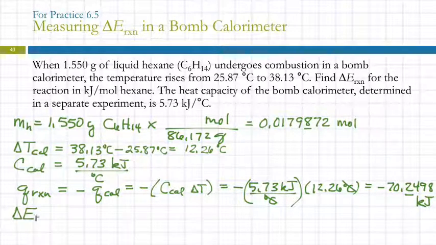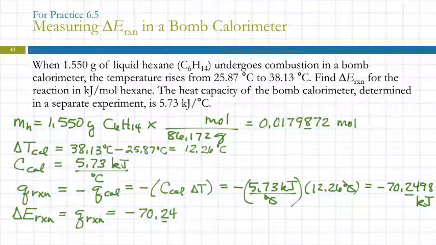Delta E for this reaction is equal to Q for the reaction because this is at constant volume. So negative 70.2498 kilojoules. But I want to know how many kilojoules per mole. So I'm going to divide by the number of moles.